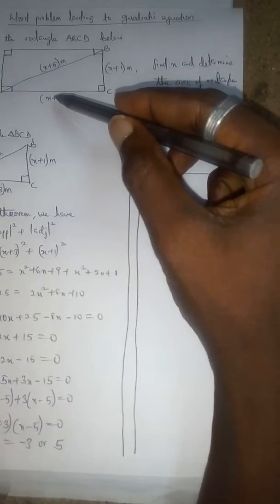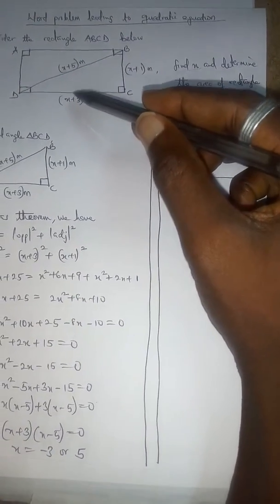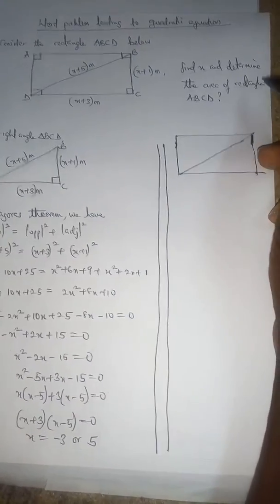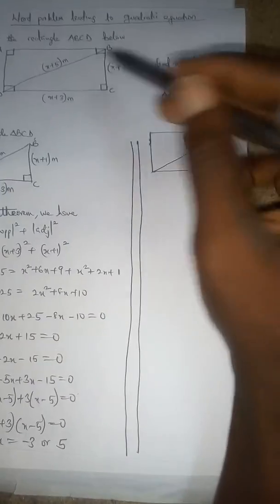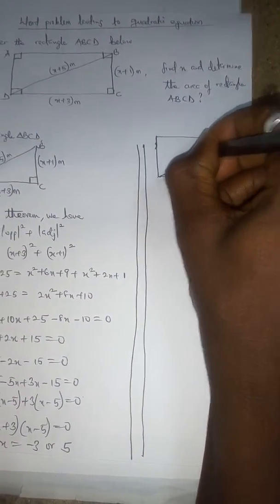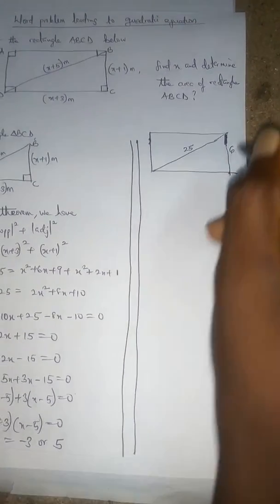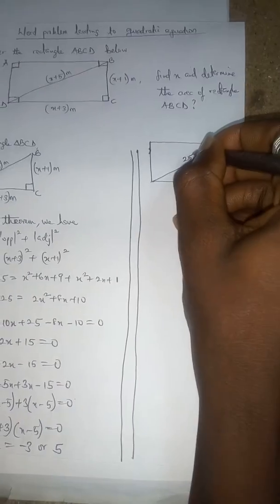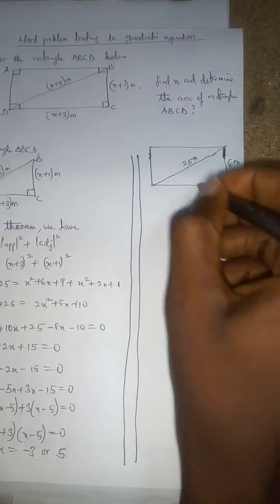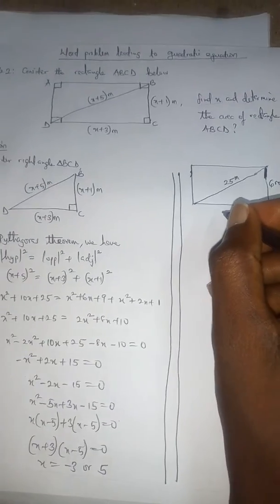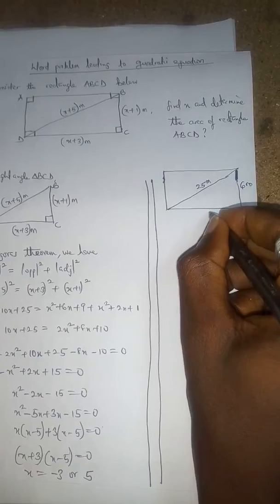Minus 3 plus 3 will give us 0. So this is impossible. We cannot have a negative side of a rectangle. So you consider 5. So 5 plus 5, that's 10. 5 plus 1, that's 6 meter. The diagonal is 10 meter. 5 plus 3, that's 8 meter.